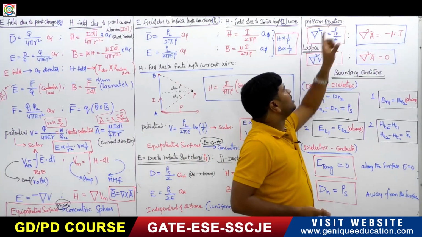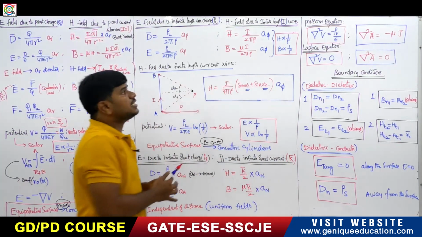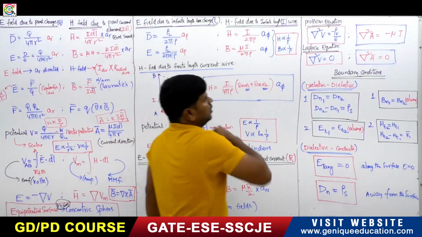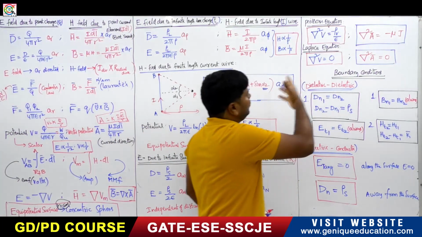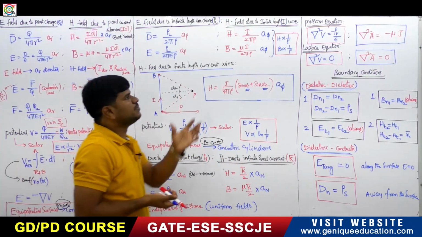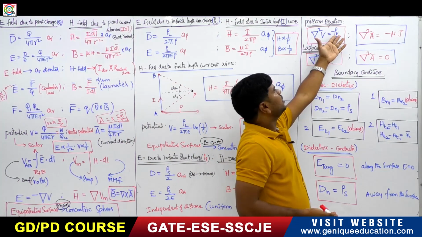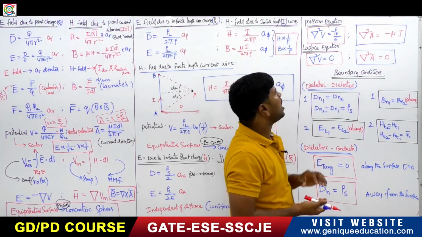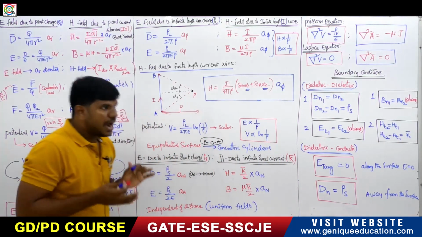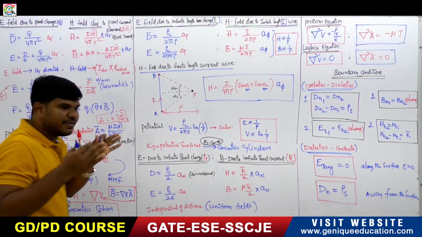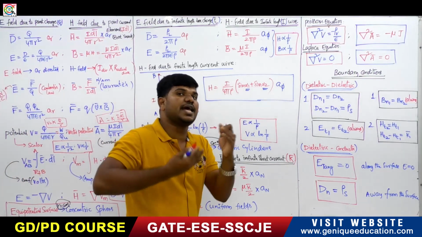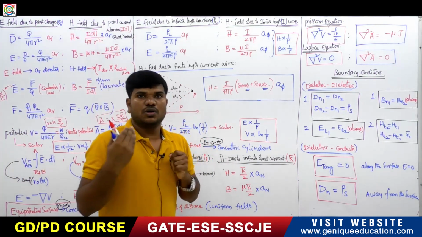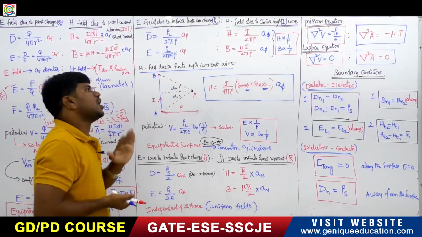Suppose you consider free space, meaning a charge free region, then del square V becomes 0. This is called the Laplacian equation. This Laplacian equation is very helpful for finding voltages or charge also.